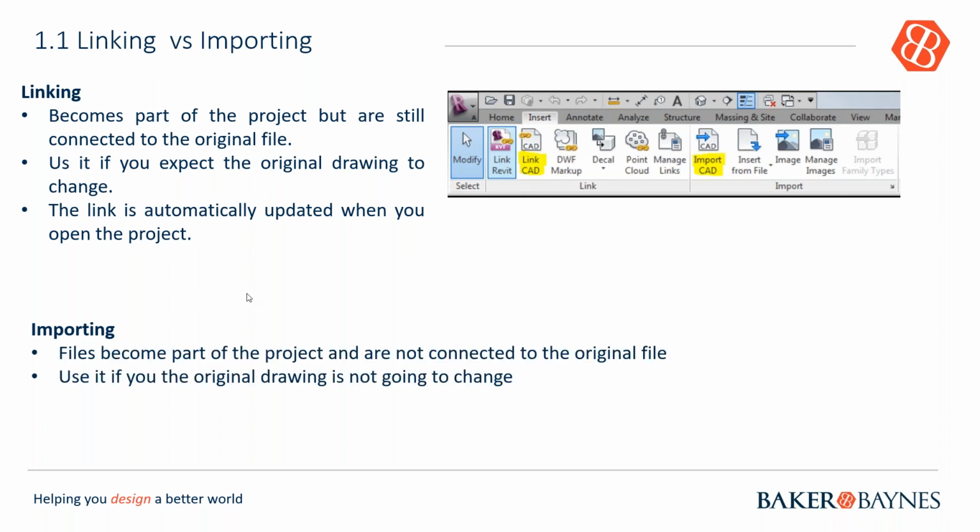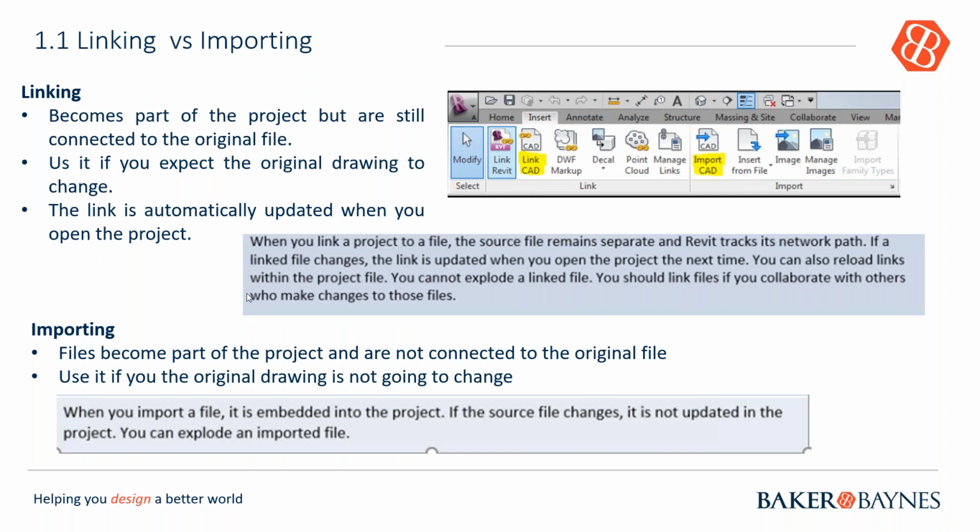Importing is usually used when files become part of the project and are not connected to the original file. You basically use it when the original drawing is not going to change. Now, on a personal note, I prefer to use Link CAD and not Import CAD. The reason I prefer Link CAD is because I feel that when you import it, it actually makes your model heavier.